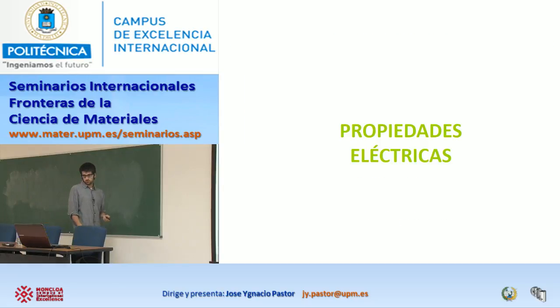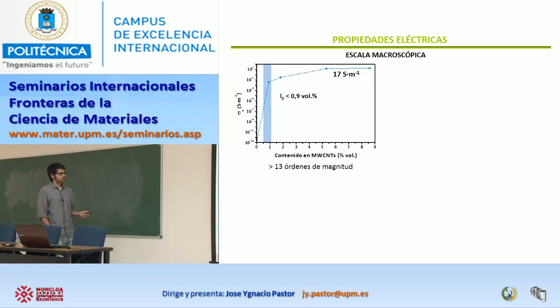Well, and now, I will try to be brief, is the electrical properties. Probably you know, silicon nitride is a really insulating material. If you want an insulator, silicon nitride is probably one of the best.